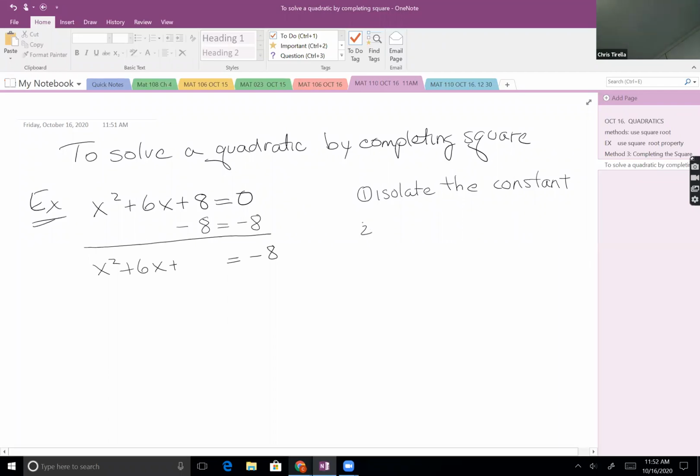Next thing, we have to divide both sides by the leading coefficient to get a leading coefficient of 1.